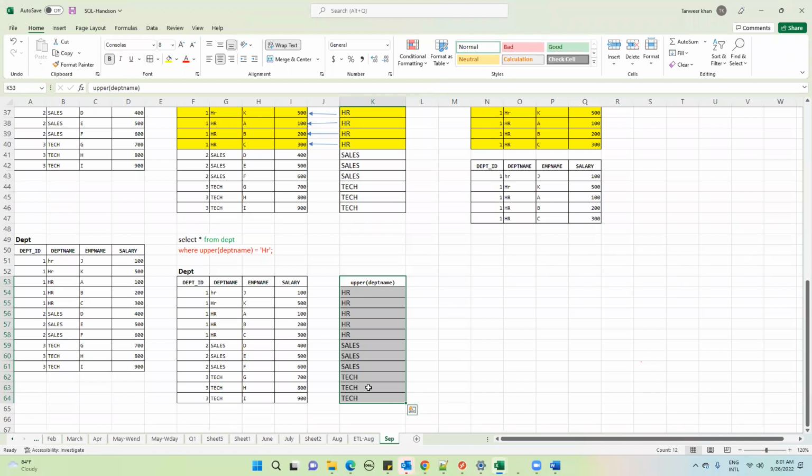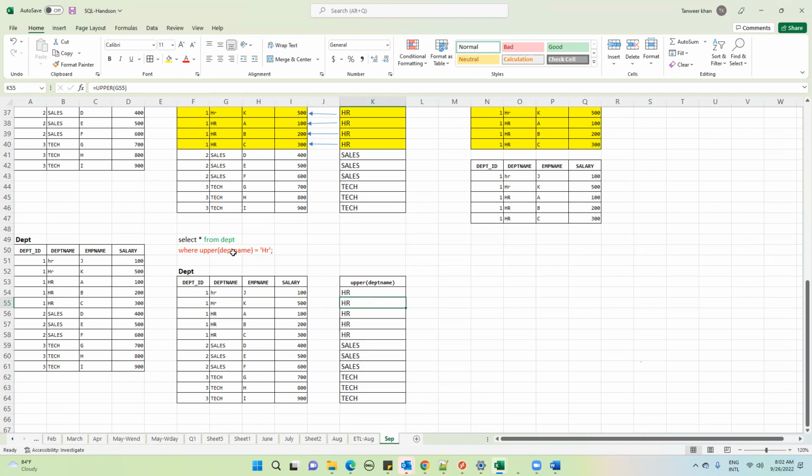Now, each and every record here in this upper department column has the address from where it is derived, like this one. This is derived from here. It has this address. This is derived from here. It has this address. That is why I have used the corresponding word there.